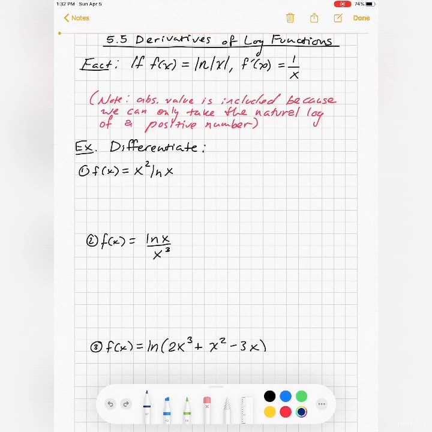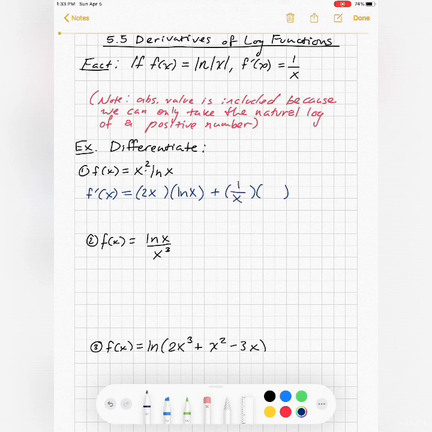So here's my first function I'd like to differentiate. The first thing I see is a product, so I'm going to set up my template for the product rule and then fill these bubbles in. Derivative of the first, 2x, times the second, plus derivative of the second, ln of x, which is 1 over x.